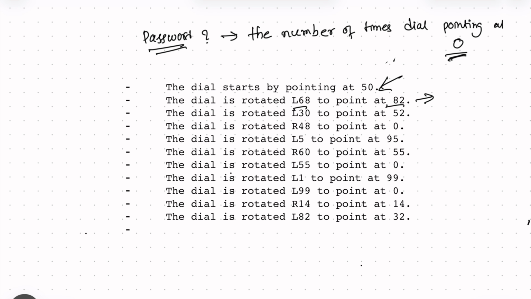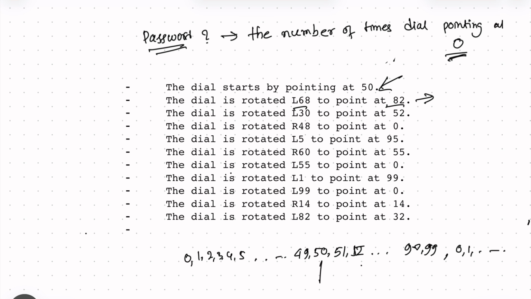We know that our dial starts from 1, 2, 3, 4, 5, then suppose 49, 50, 51, 52, and 98, 99. So after 99 it will again be 0, so it will start again from 0, then 1, and so on.